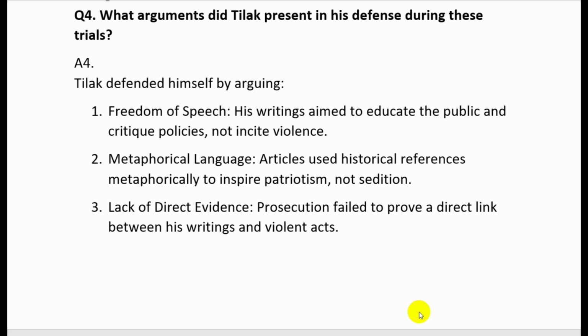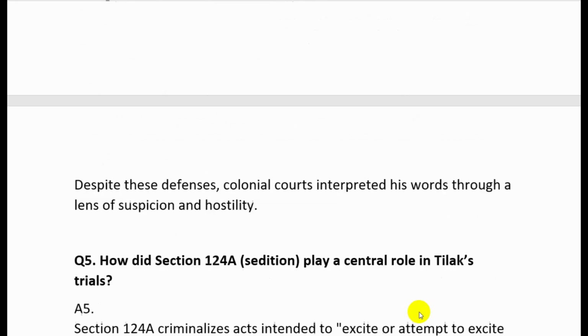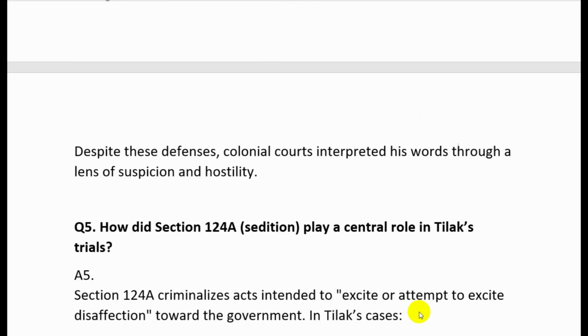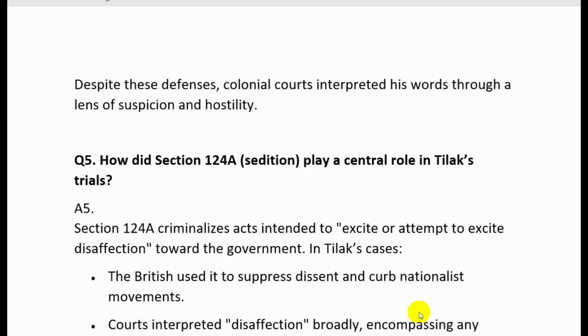Lack of direct evidence: prosecution failed to prove a direct link between his writings and violent acts. Despite these defenses, colonial courts interpreted his words through a lens of suspicion and hostility.